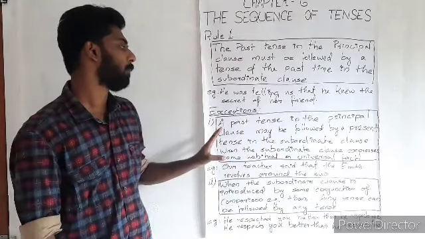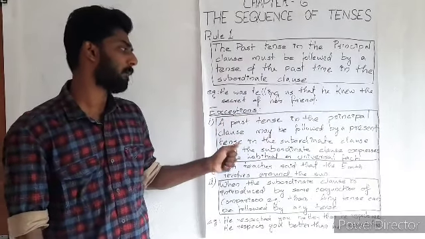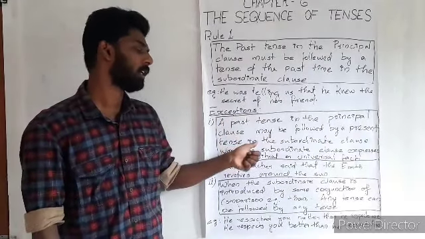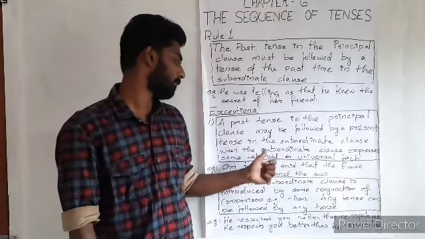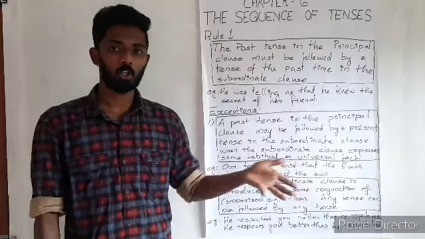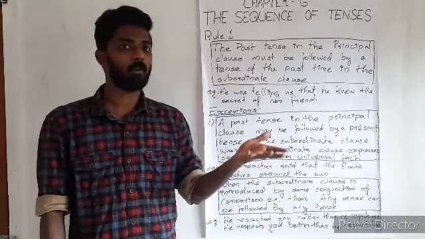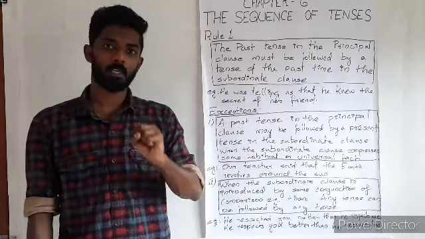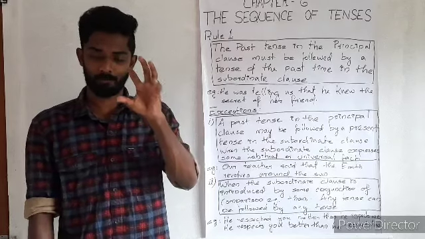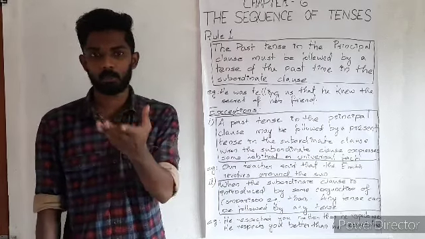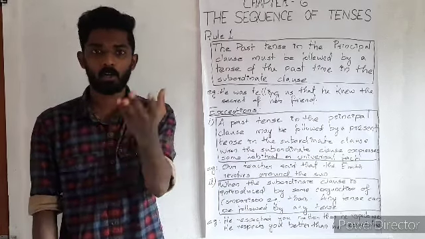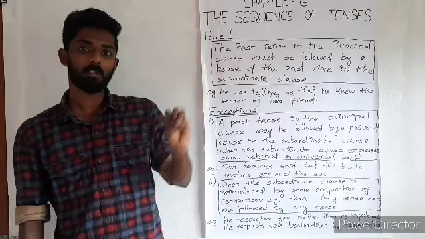A past tense in the principal clause may be followed by a present tense in the subordinate clause when the subordinate clause expresses some habitual or universal fact. So if the subordinate clause is speaking about a universal fact or a habitual action, it can take present tense, but the principal clause will be in the past tense.